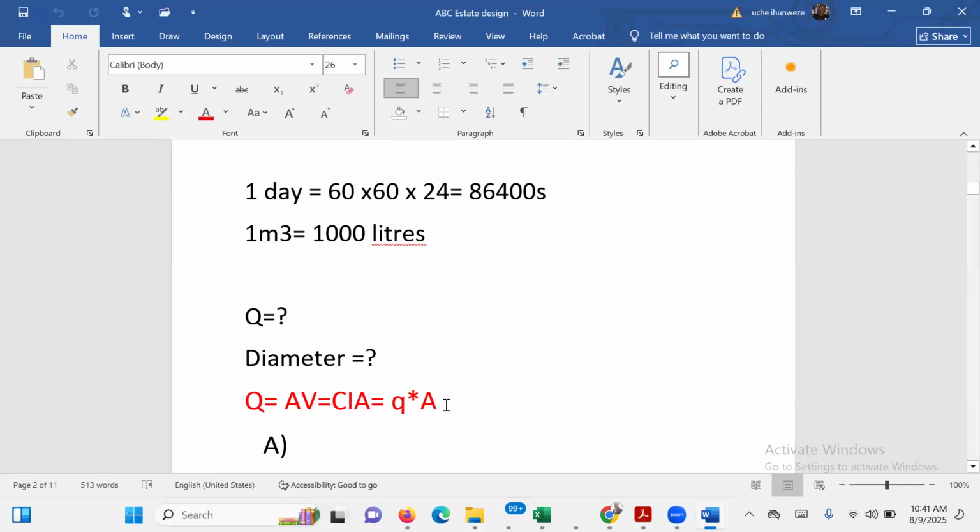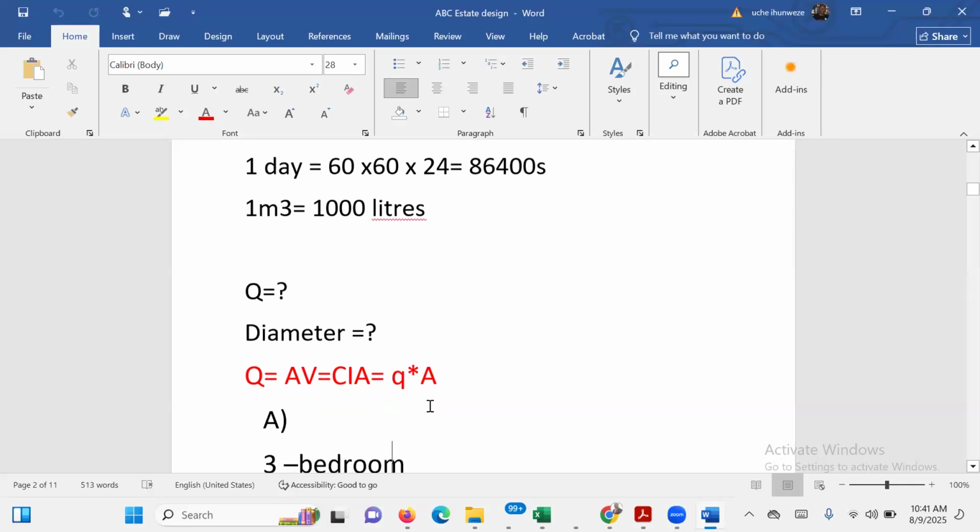Once you understand the back-end concept of a formula, it becomes the same. This AV can also be written as small q times A. So the volume of water per second is the product of the flow rate multiplied by the surface area. That's all it means.